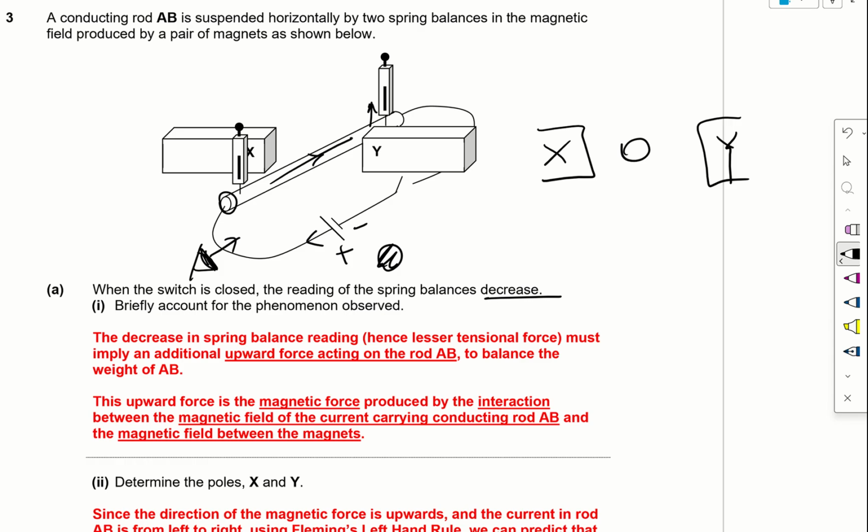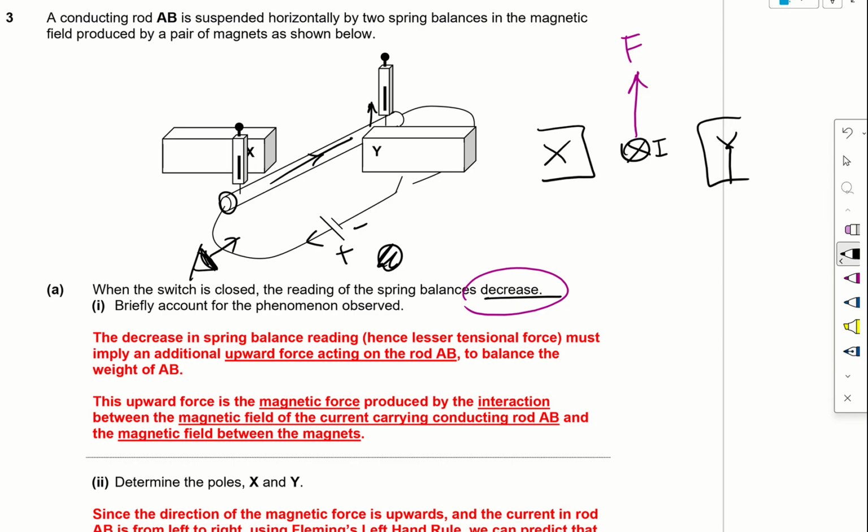I know that the current is going away from me, away from my eyes, so I will use a cross to represent it. According to the question, I know that there is a force acting upwards. Why? Because the spring balance reading decreases. So now I have the force and the current, I can actually find the direction of the external magnetic field.